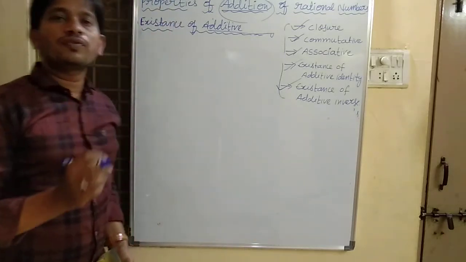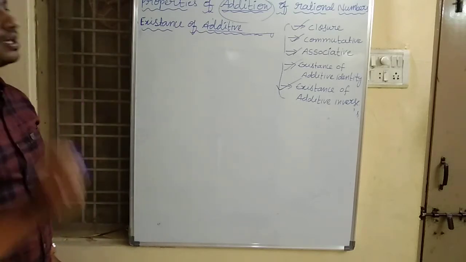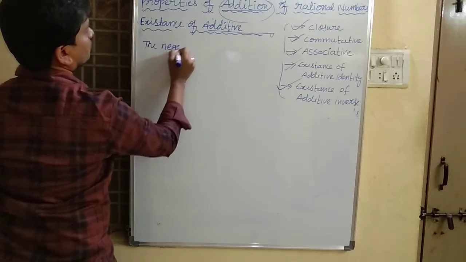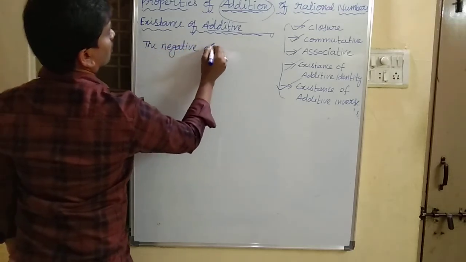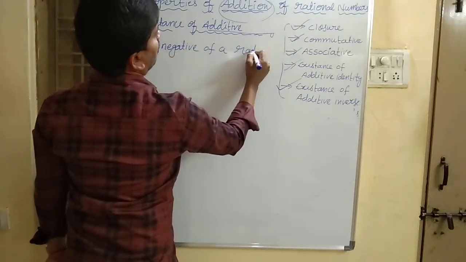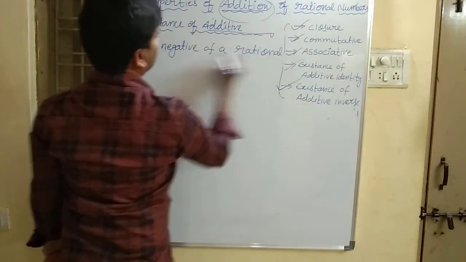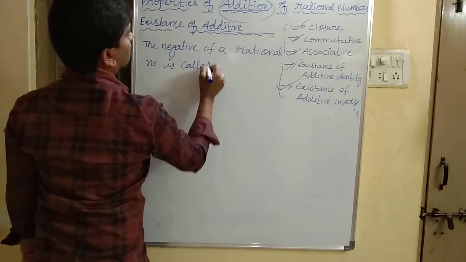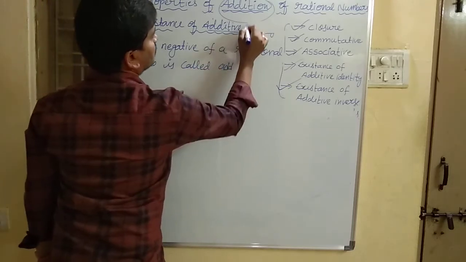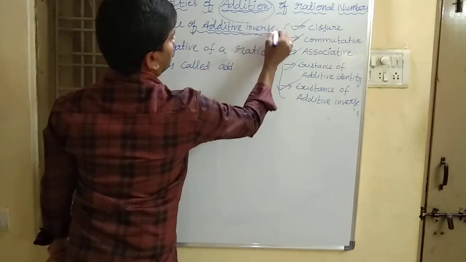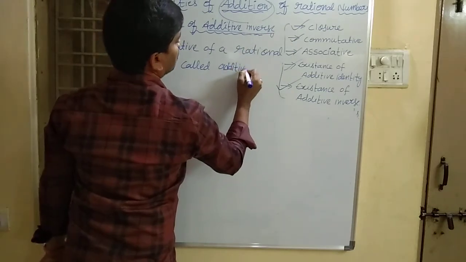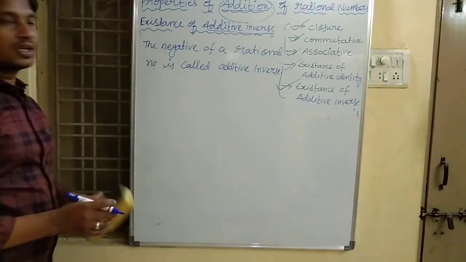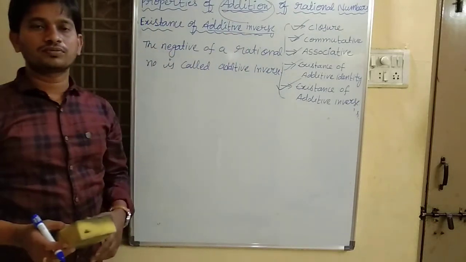The negative of a rational number is called additive inverse. What do you mean by additive inverse? The negative of a rational number.